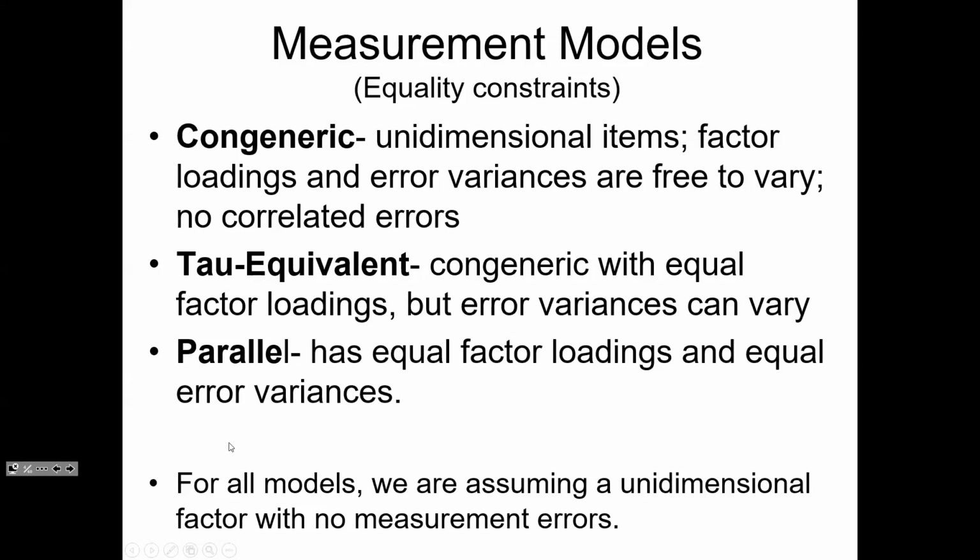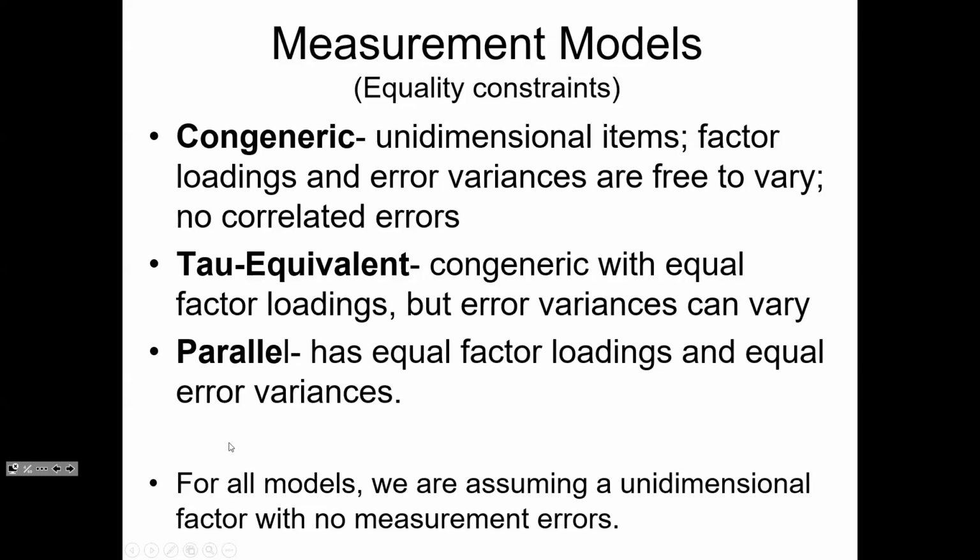Okay. The next model is what's called a tau equivalent model. And again, this is what's assumed when you use Cronbach's alpha. A tau equivalent model, again, these are going to be increasingly constrained models. So we go from congeneric to tau equivalent, and tau equivalent has any constraints that congeneric has, plus equal factor loadings. So in a tau equivalent model, we actually constrain all of the factor loadings across all of the items to be equal. And again, remember, we're always starting off with this assumption of unidimensionality.